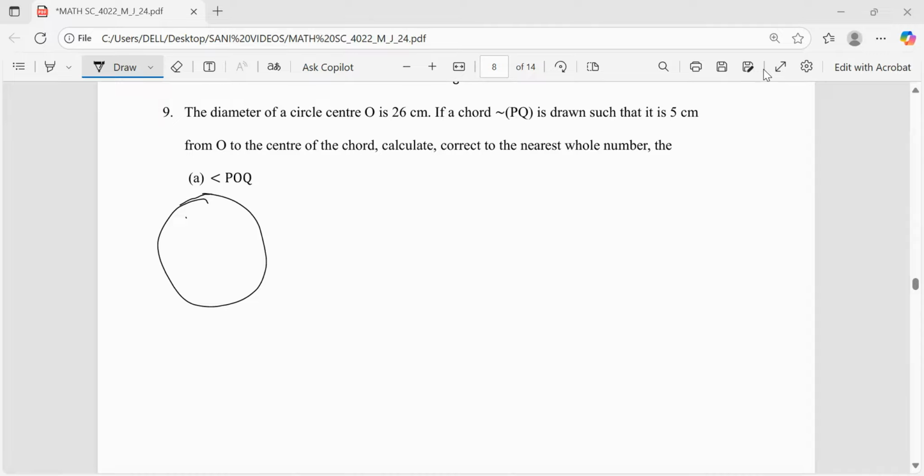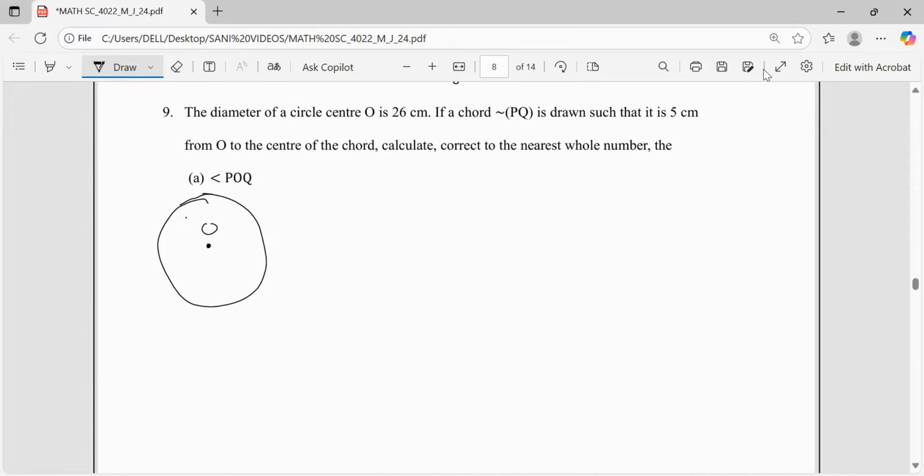Let's say this is the center of the circle. Now we have a chord PQ. The chord is 5 centimeters from the center of the circle. And the diameter of the circle is 26 centimeters.